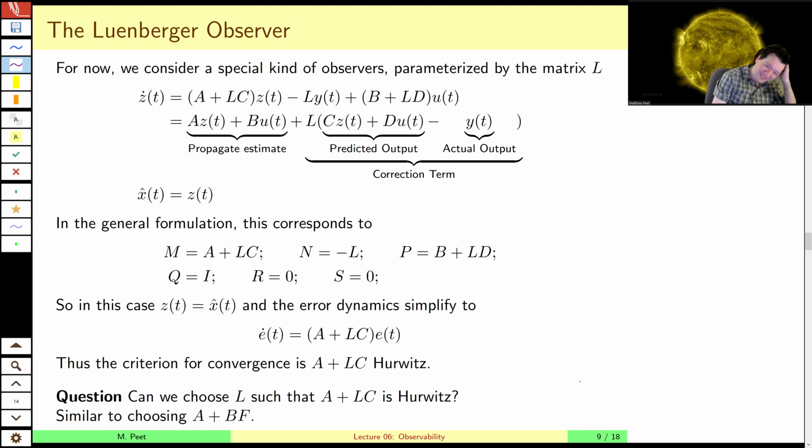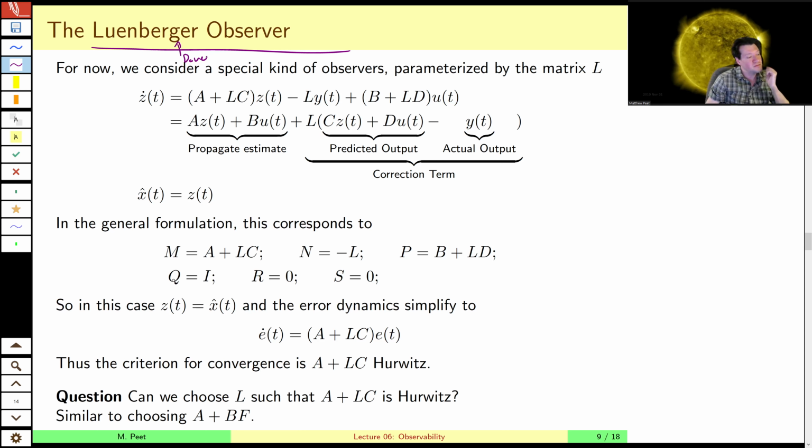So to get away from the complexity, again, we choose a very particular form of observer. It has a name, Luenberger observer, for David Luenberger, Dave. And why did he get his name on this observer? Probably because he proved most of these properties. I don't actually recall.